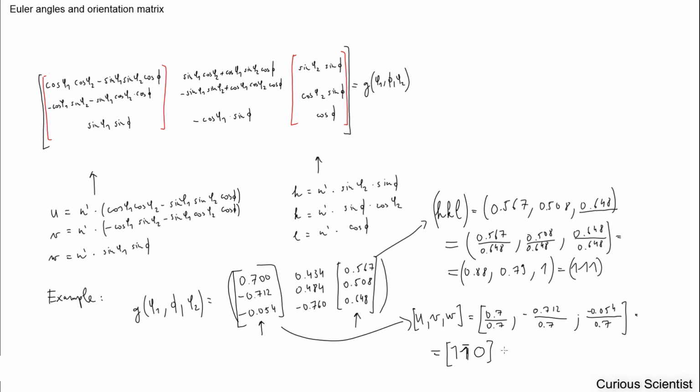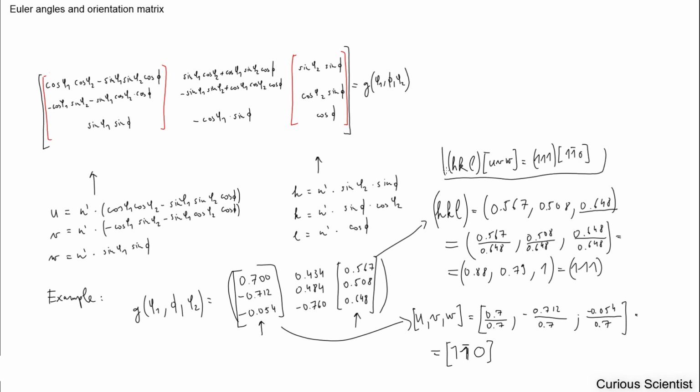So basically the final result is that HKL and UVW are 1, 1, 1 and 1, minus 1, 0. So this is our final.